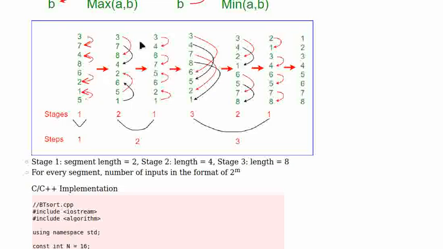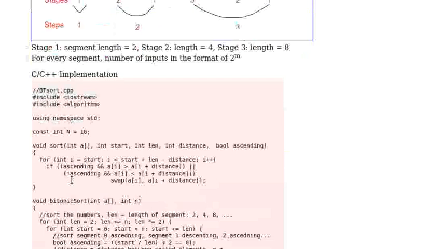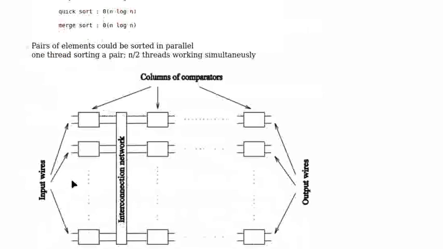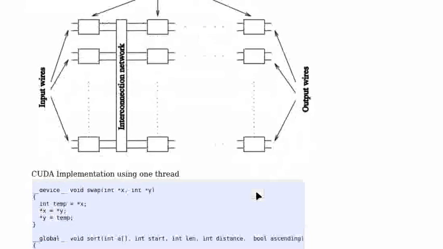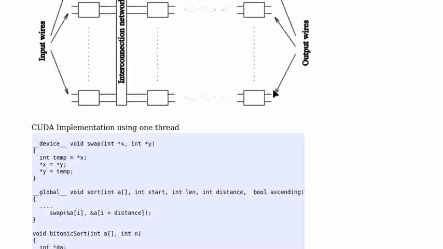The same for this, 4 threads to sort this or 4. And actually, one can build a parallel network to do this sort efficiently, as shown in this diagram, where we interconnect these elements, and there will be log n stages. So this becomes efficient.